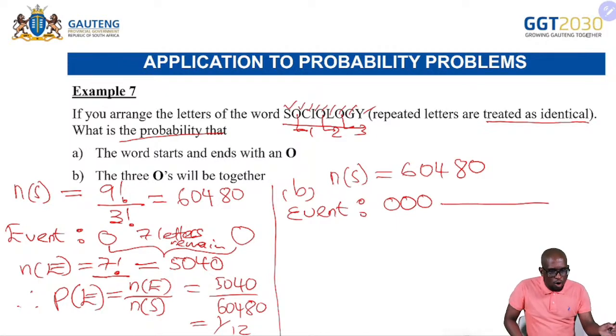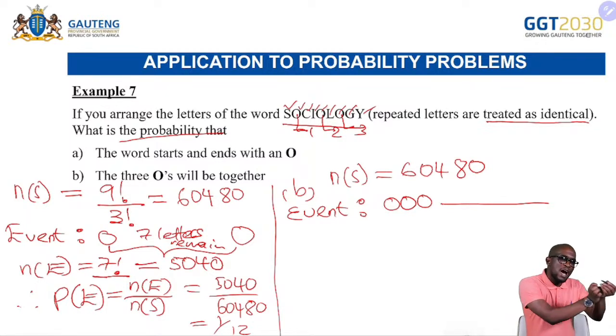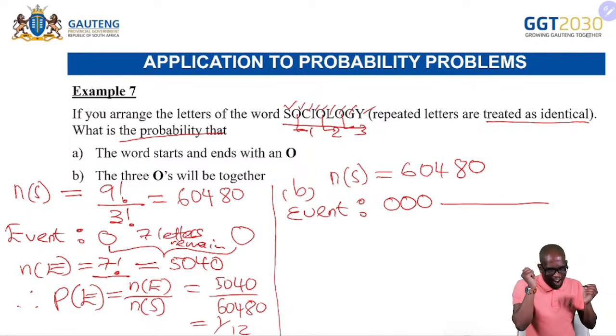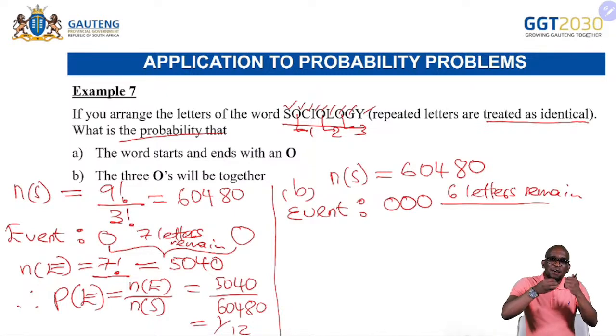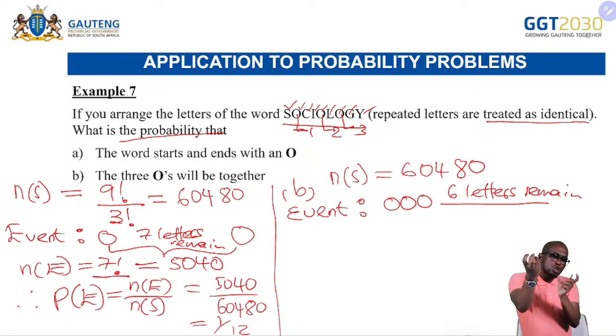So if the 3 O's are together, of the 9 letters we've isolated the 3 O's, so we have 6 letters that remain. When we perform the overall arrangement, we should arrange the 6 letters together with these O's that must move together.